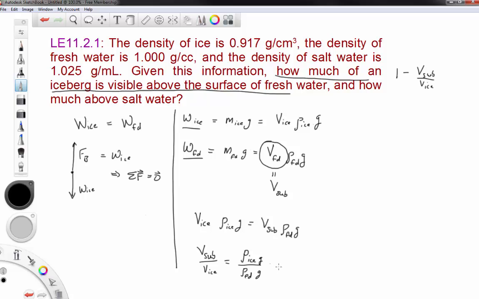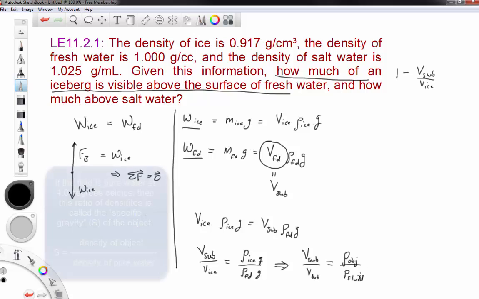In general, what this means is that the volume of the object which is submerged over the total volume should be the density of the object divided by the density of the fluid.